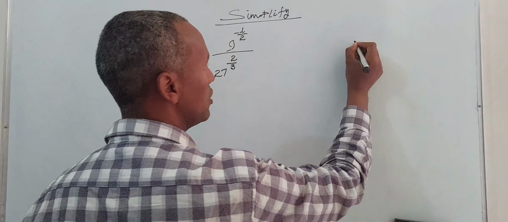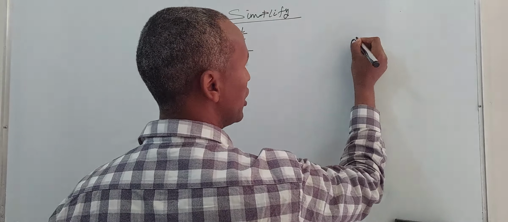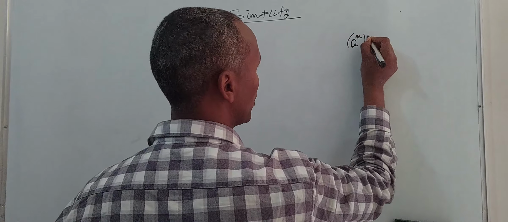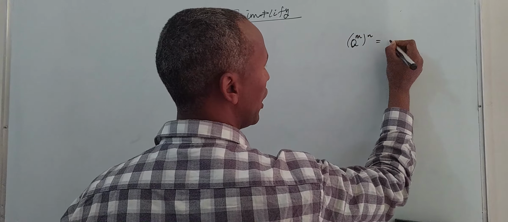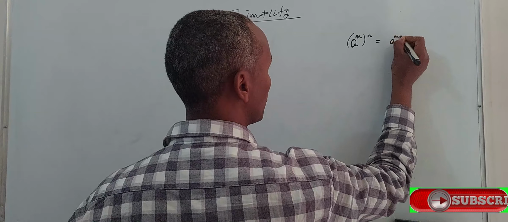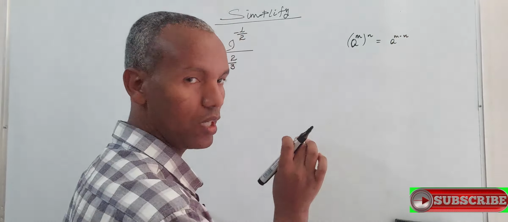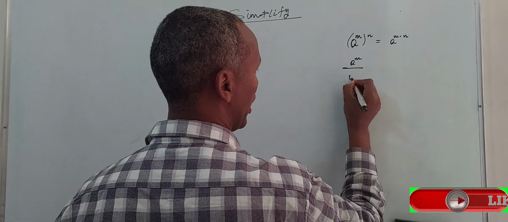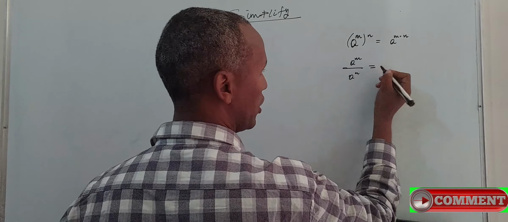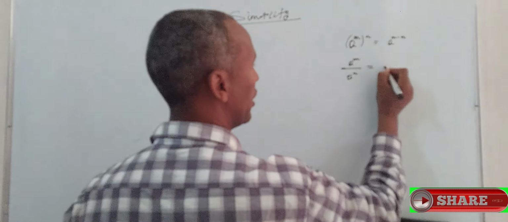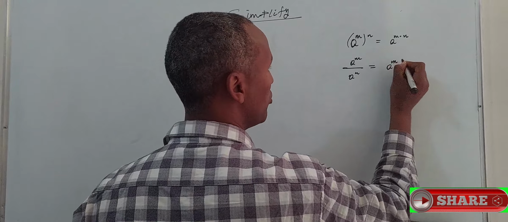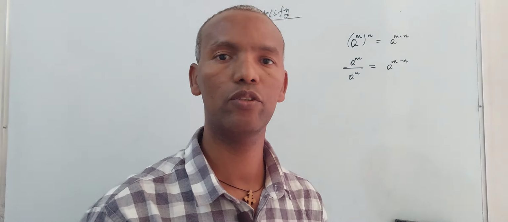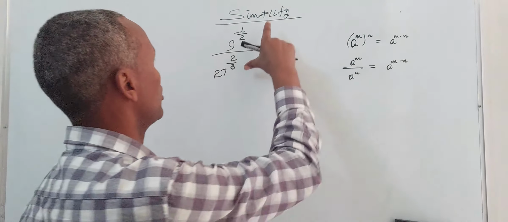Let's say you have a to the power of m, raised to the power of n, which equals a to the power of m multiplied by n. This is the power rule. And a to the power of m upon a to the power of n gives a to the power of m minus n. These are the basic mathematical rules that help you simplify this expression.